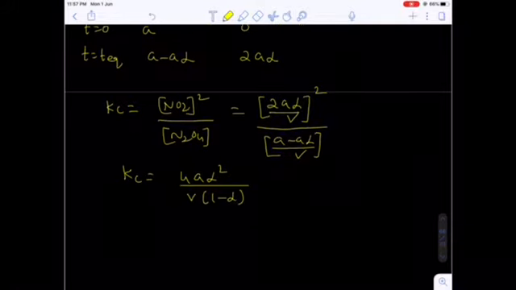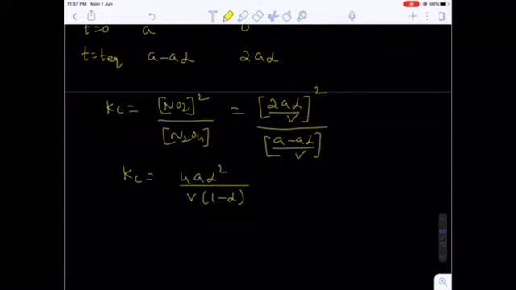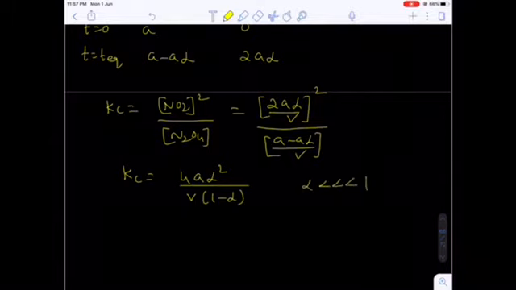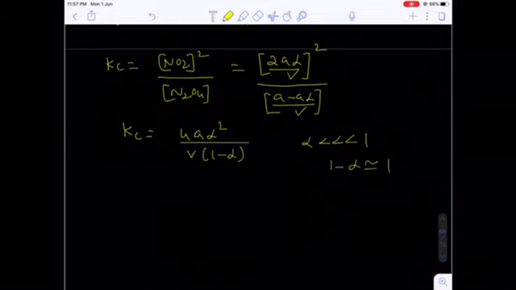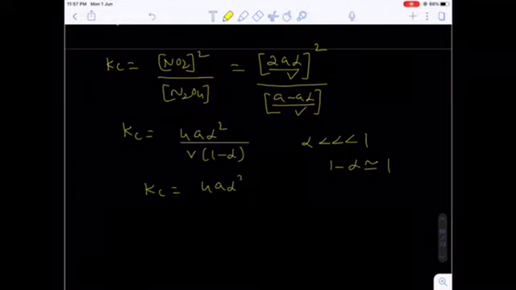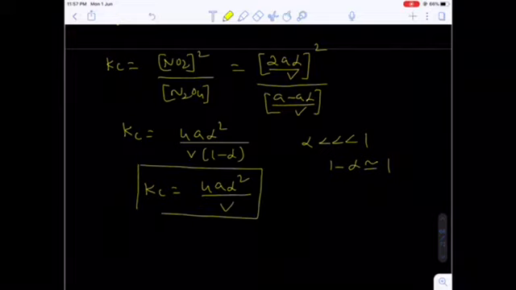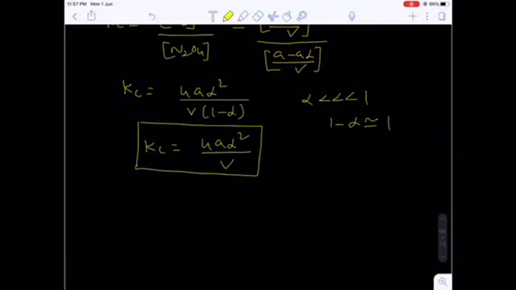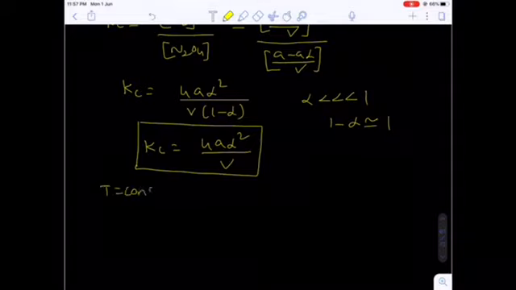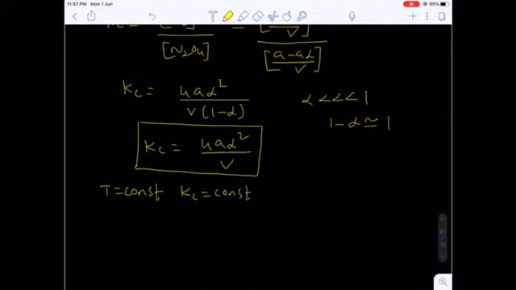Now here in this expression, let's suppose alpha value is smaller than 1. So in the denominator, 1 minus alpha tends to almost 1. So the Kc expression changes to 4A alpha square by V. Now in this expression also, in the denominator there is a term volume. We know temperature is constant, so Kc must be constant.